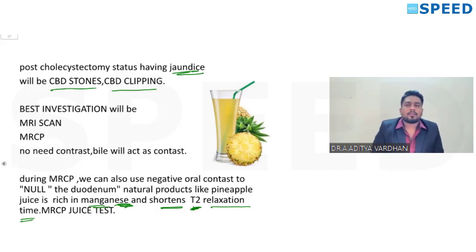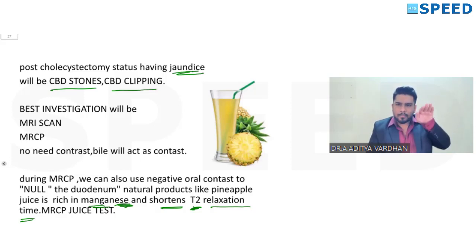When you drink pineapple juice, it goes through your oral cavity, esophagus, stomach, and through the stomach into the duodenum, right? The duodenum lies near the common bile duct and the areas which we want to visualize. So in order to suppress the duodenum and look at the biliary radicals, we ask the patient to drink pineapple juice.